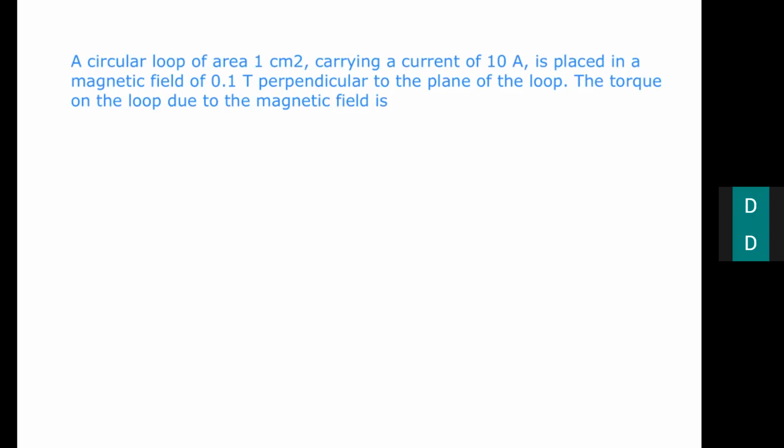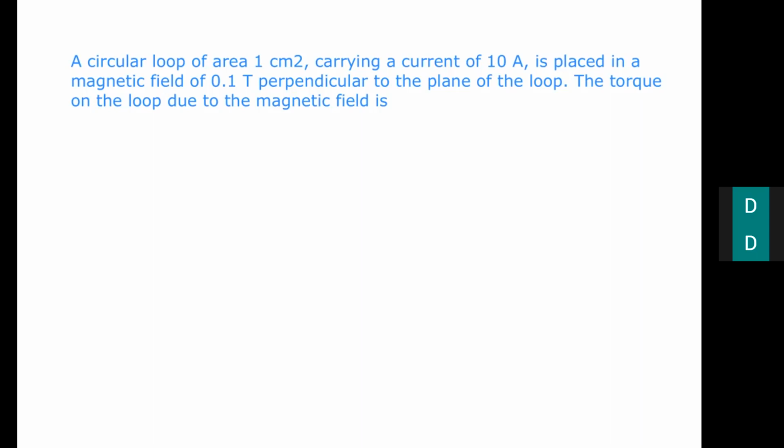Normally we should always write the data or the information related to the question. But you see here, there's a circular loop and it is experiencing a uniform magnetic field. How do we know that it's a uniform magnetic field? They have clearly stated that the magnetic field is 0.1 Tesla.